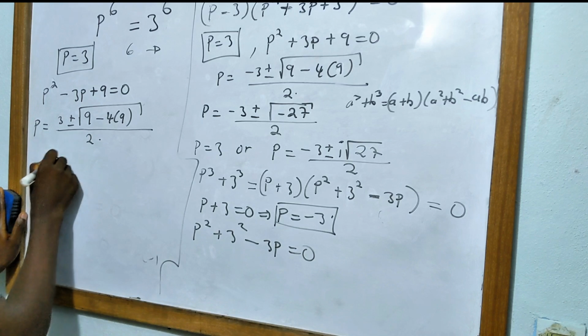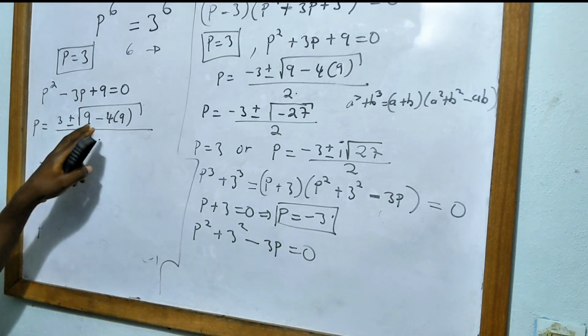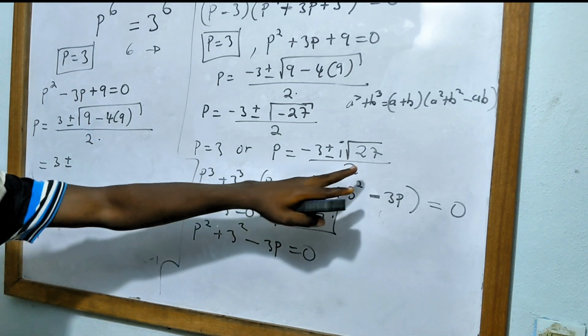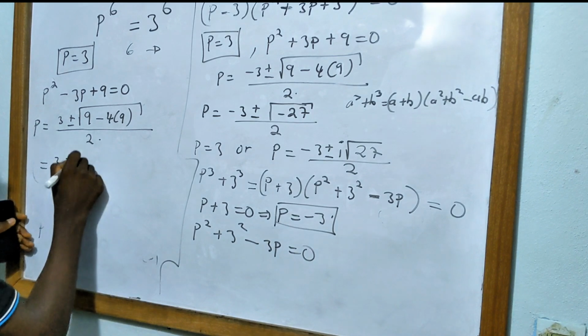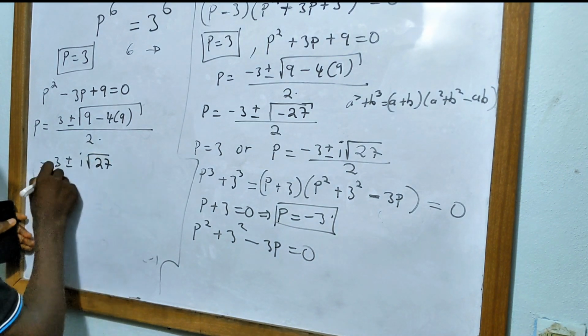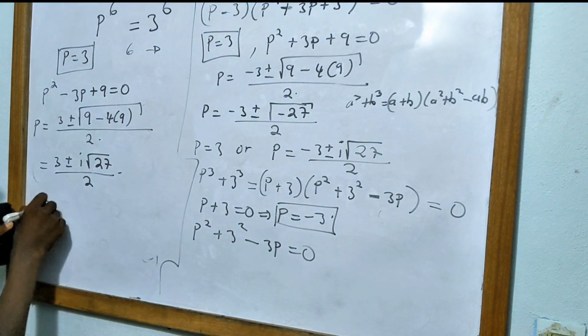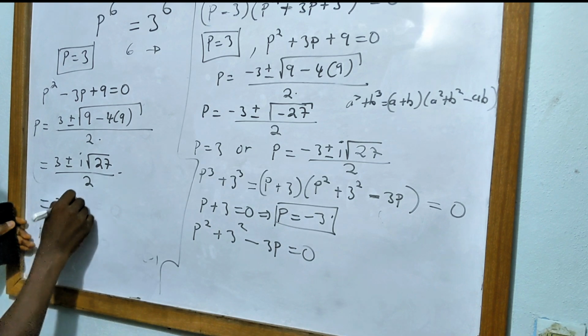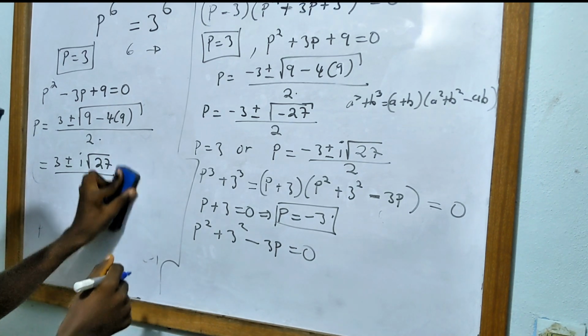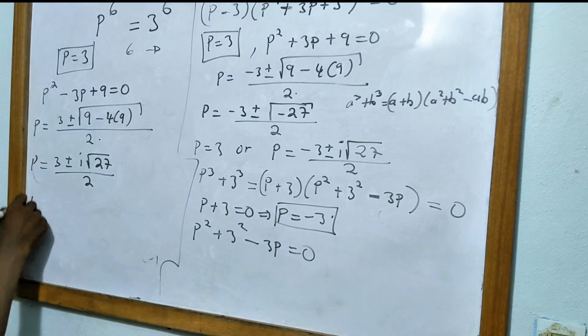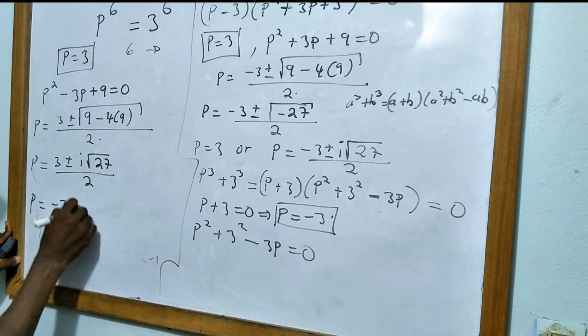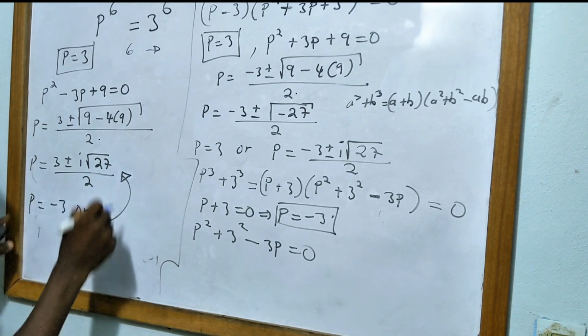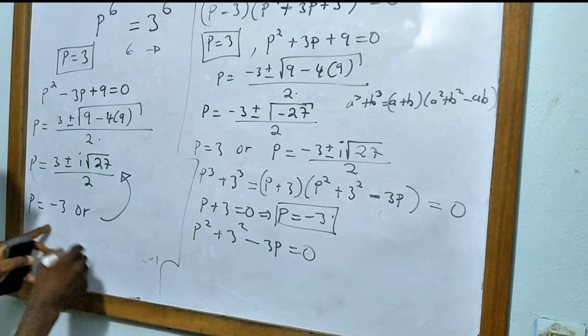That will be equal to 3 plus or minus i root 27, divided by 2. Hence, p is equal to minus 3 or 3 plus or minus i root 27 over 2. That is the different solution here.